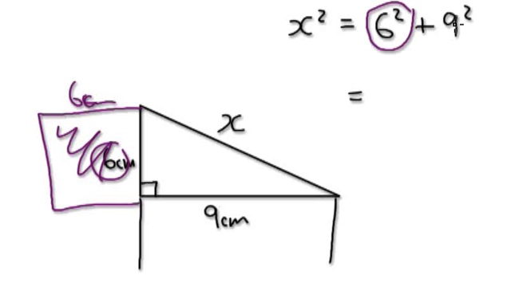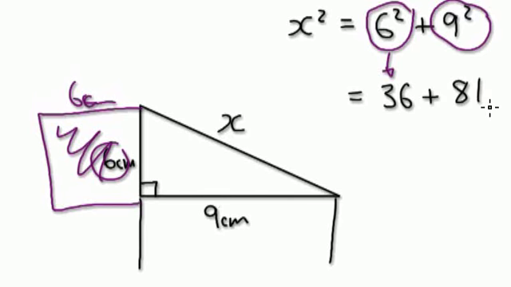So this one becomes 36, and this one here becomes 81. Now, add the two together, it comes to 117. So x on this side is still x squared.